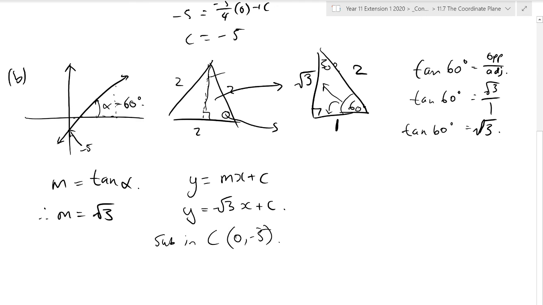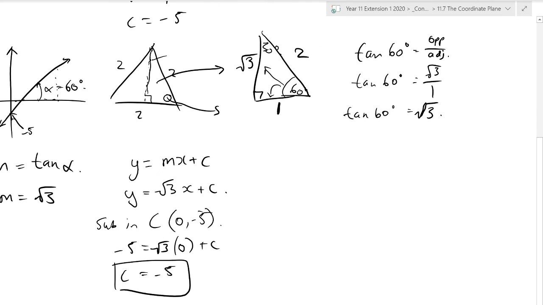If we sub this point in, we get negative 5 is equal to root 3 of 0 plus c. And again, our c is just equal to negative 5. We knew that already because the point we were using was the y-intercept. So therefore, for a line with gradient root 3, my equation becomes y is equal to square root of 3 x minus 5. That goes through that point.